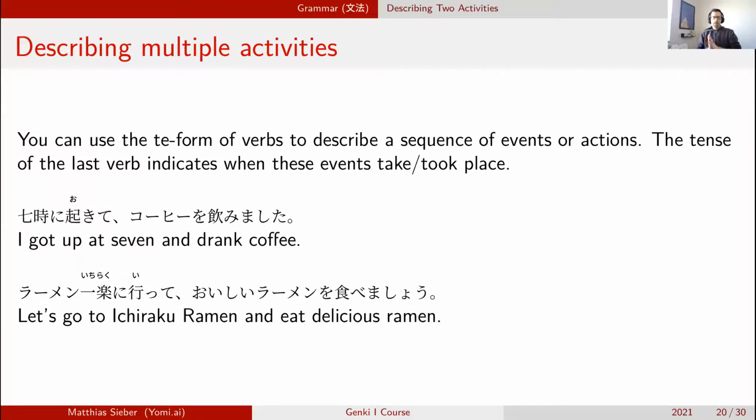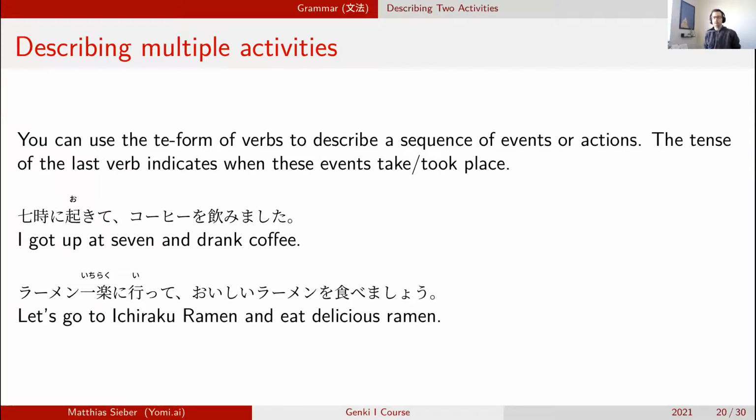So the other usage of the te form, and we actually saw it: you can describe multiple activities, not just two, as a sequence of actions or events. For example, motteku is such an instance. You can think of it as its own verb, to bring a thing.